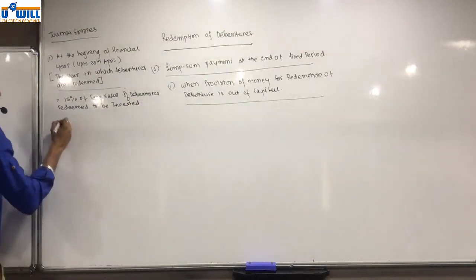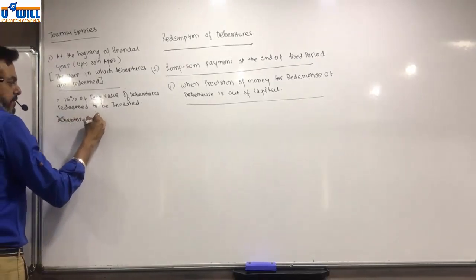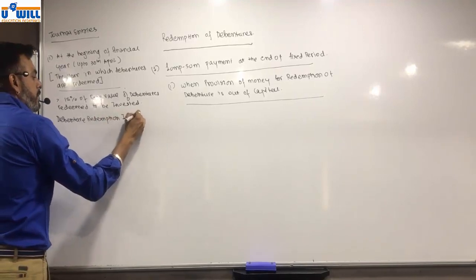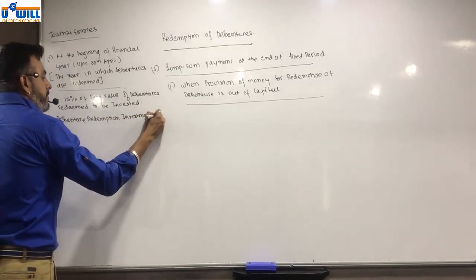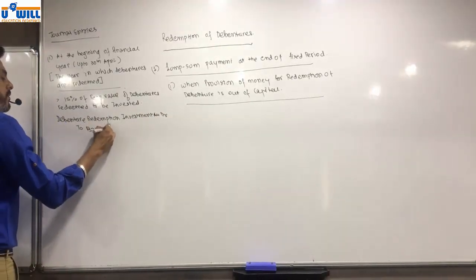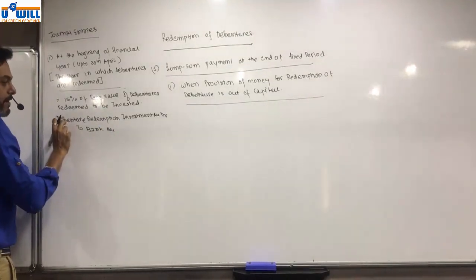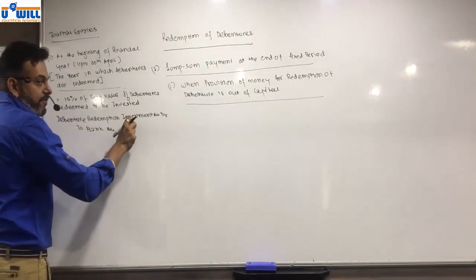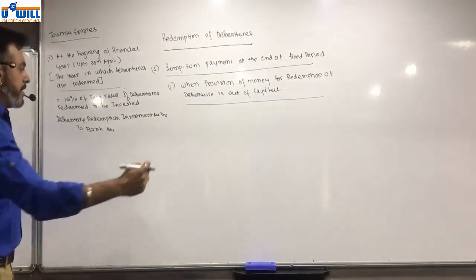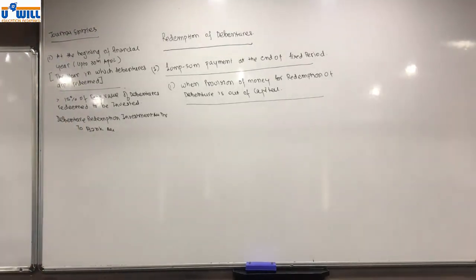Entry is debenture redemption investment account debit to bank account. जो भी इन्वेस्ट करेंगे उस इन्वेस्टमेंट को हम कैसे रिकॉर्ड करेंगे? We will debit this account, debenture redemption investment account, so that we know this investment what we have made is for redemption of debentures. Understood this?